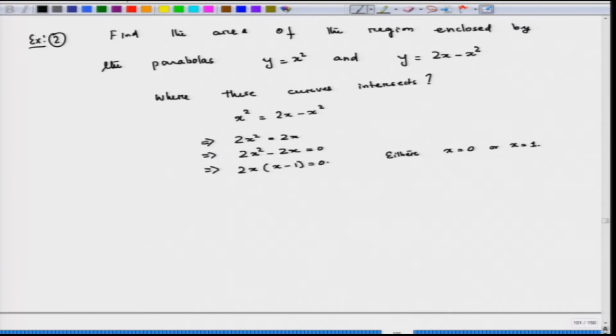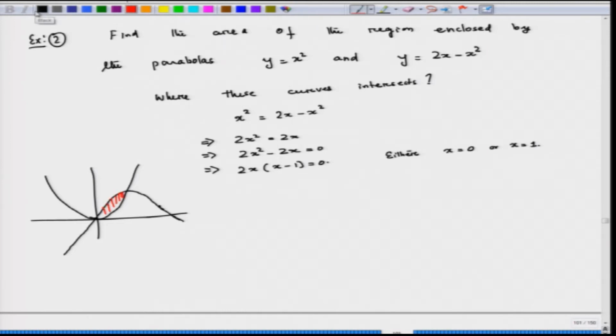Now, as you can see, this is our y equal to x square, and if we draw the graph of y equal to 2x minus x square, this is going to be a parabola which looks like this. So this is the region whose area we are trying to find.